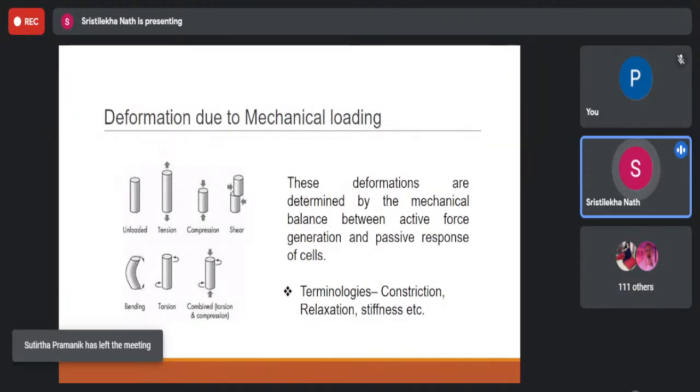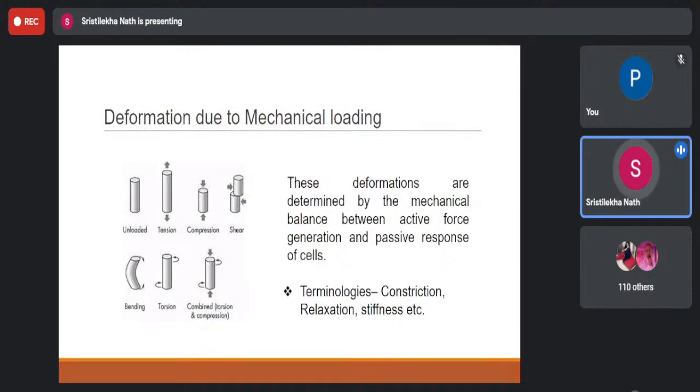Such deformations are determined by the mechanical balance. For a structure to get deformed, there has to be a balance between the active forces, the forces generated inside the cells, and the passive response, which comes from the surrounding cells. How the forces from inside and from outside are balanced actually determines the deformations. And there are some important terminologies used in tissue mechanics.